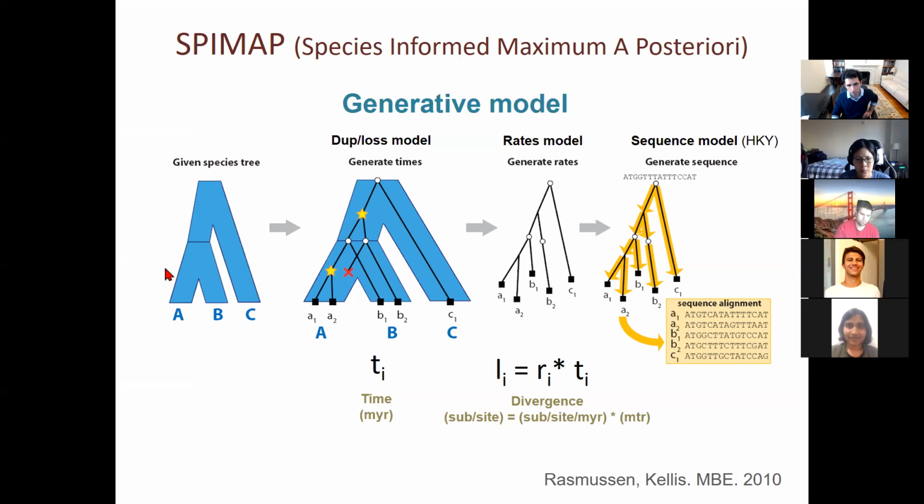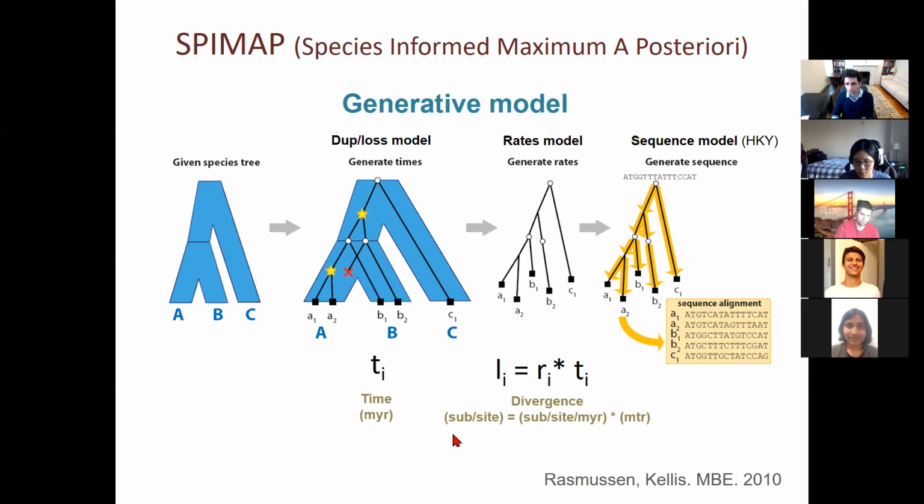So given this forward generative model, I can ask, given that I have a set of sequences, what is the posterior probability of a particular set of rates, trees, topologies, duplications, losses, etc. And if I propose multiple different types of models, I can then score the posterior probability of each of them given the sequence alignment data information.